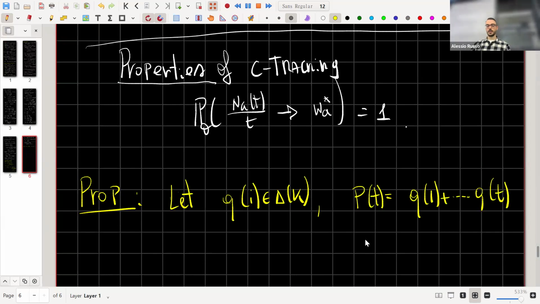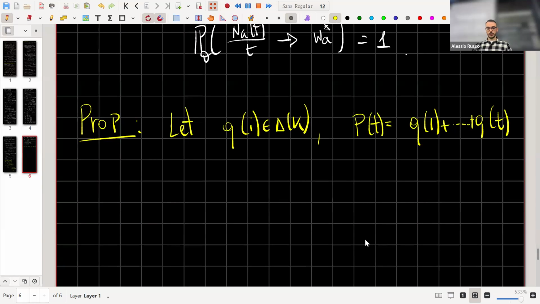These are like vectors, right? So you can think of a sum of vectors. Then we define this sampling rule.